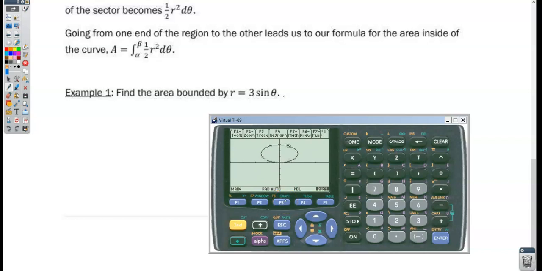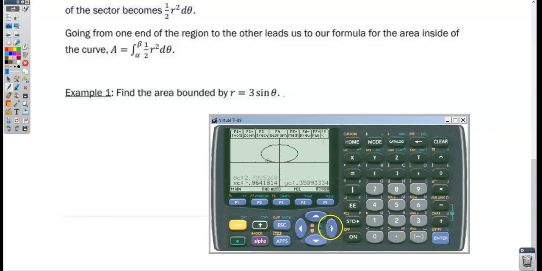I'm okay with distortion, but what I do notice when I graph this, we'll regraph it again, notice how we graph the curve, and we're watching that path go, and it retraces the curve again. So that means that 0 and 2 pi are not my limits of integration here. I'm going to have to figure out what my limits of integration are. So I'm going to go ahead and trace the curve, and when theta is 0, it starts down here. And I'm going to go around and see when I get back to that position.